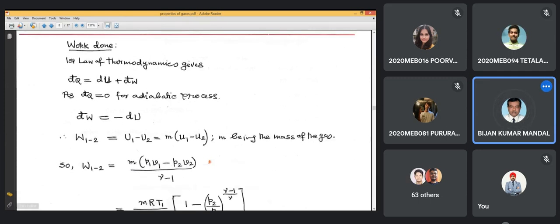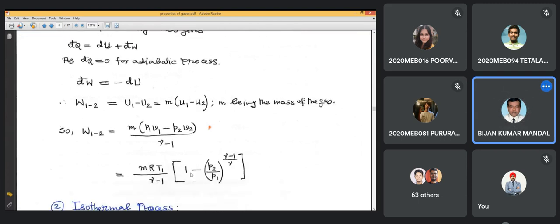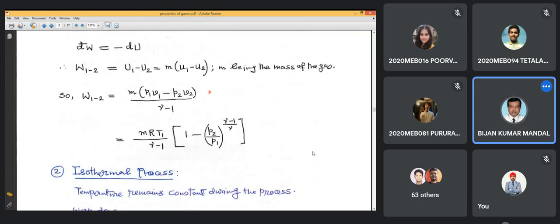So W12 is just the negative of the change in internal energy. It is the same equation, with the term P2 by P1 to the power gamma minus 1, then minus 1. That is the first type of process, the very popular reversible adiabatic process.